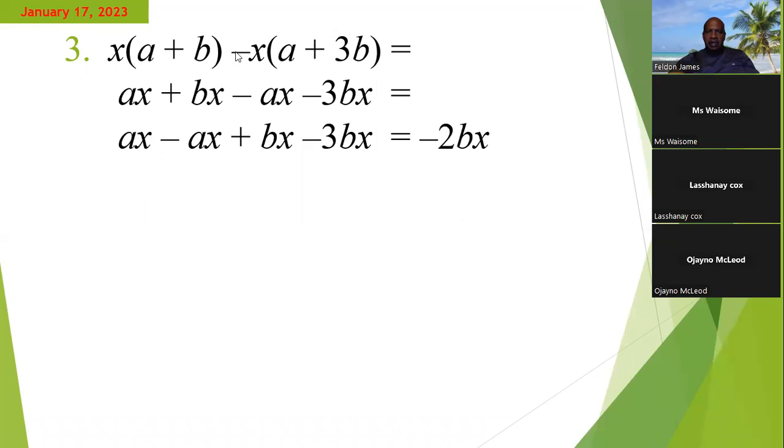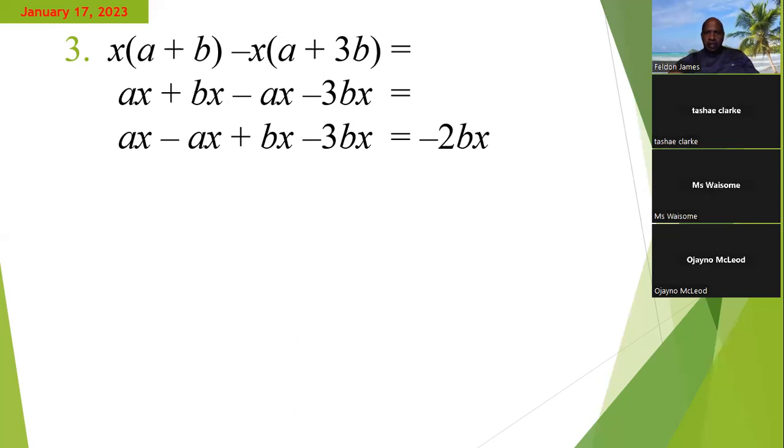So for the ax, we take away ax from ax, and that gives you what? All right, if you take away ax from ax, then you're going to be left with 0. And now you have bx minus 3bx, and then you're left with minus 2bx. Is that clear to everyone?